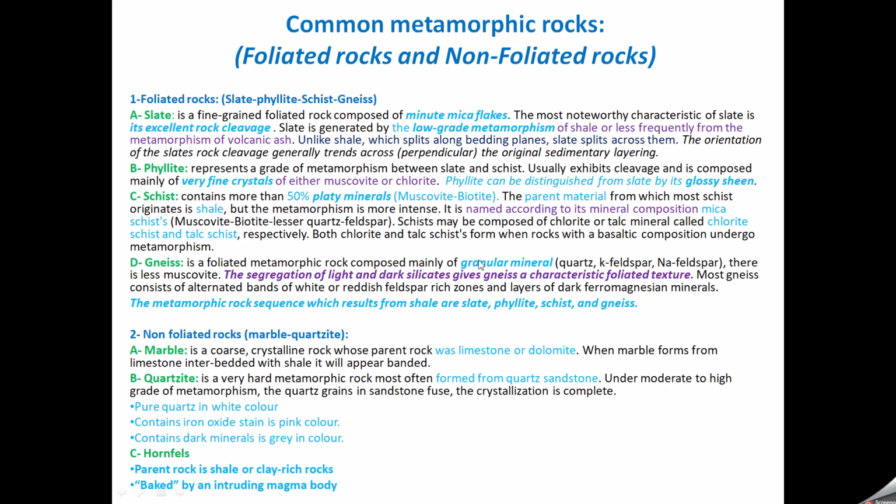So we now have granular minerals. Minerals became grains, large minerals, and we have light and dark bands. Segregation of light and dark silicates gives a characteristic foliated texture, which is the bands.